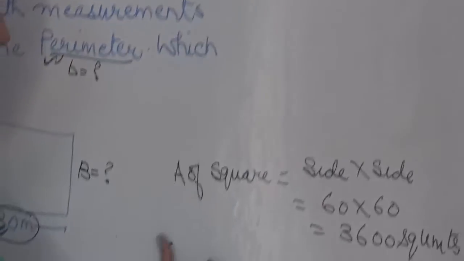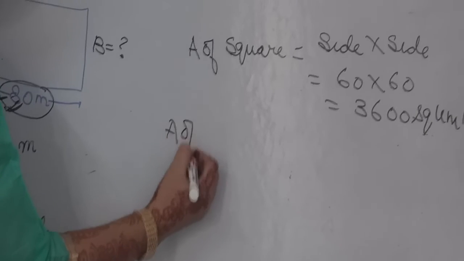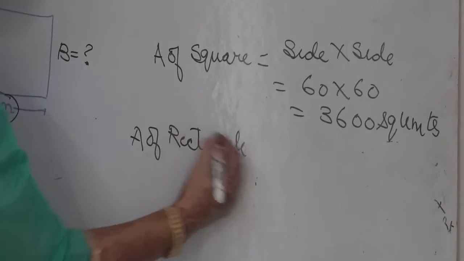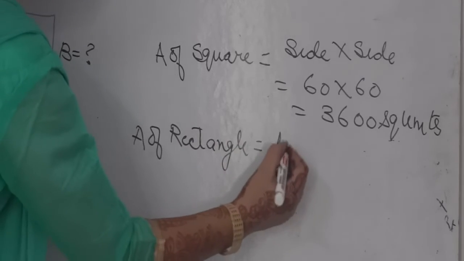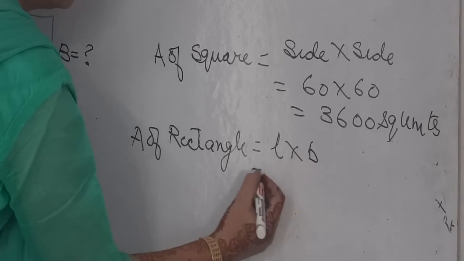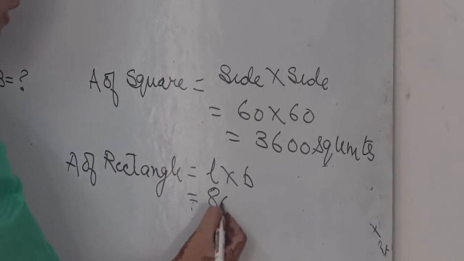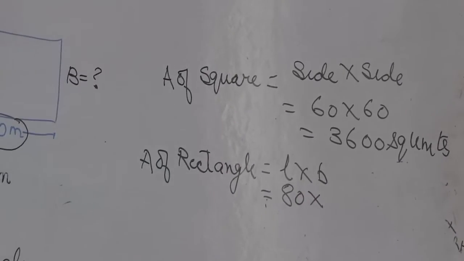Fine. Now next thing we have to calculate is area of rectangle. What's the formula? It is length multiply breadth. You know what was the length? It was 80 meter. We write 80 multiply. What was the breadth? That is 40.